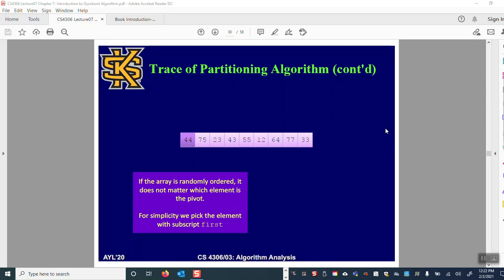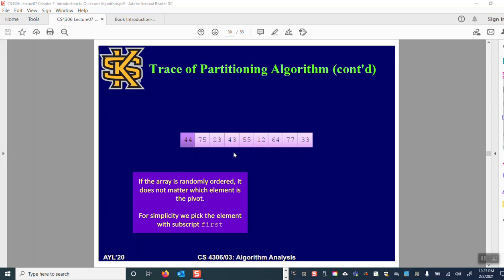Now we want to see how we should partition this list. When we partition this list, I need to have a pivot element so that we get two sides, the left side and the right side.